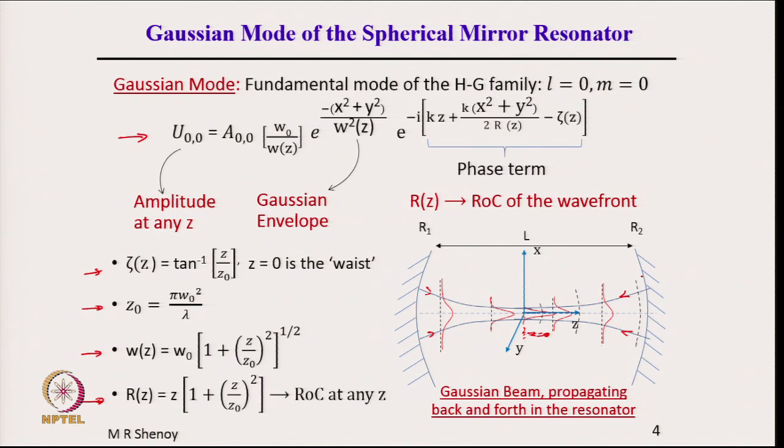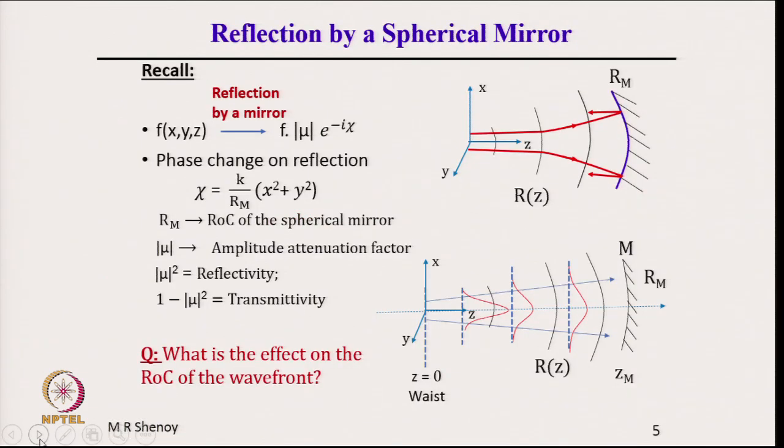We want to see what is the effect of the spherical mirror, what should be the condition on the spherical mirror or on the Gaussian such that the mirror reflects the beam exactly in the same direction backwards, or the beam is essentially reverted when it is reflected, propagating along the same direction in which it has come. So, we will see this.